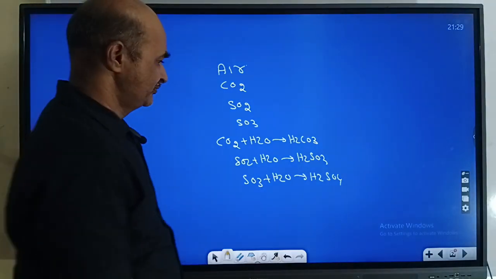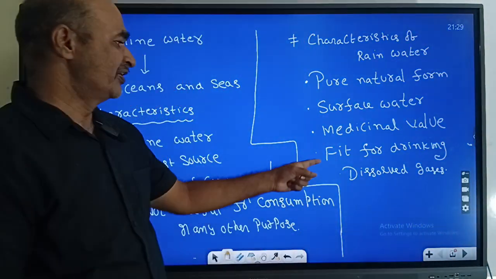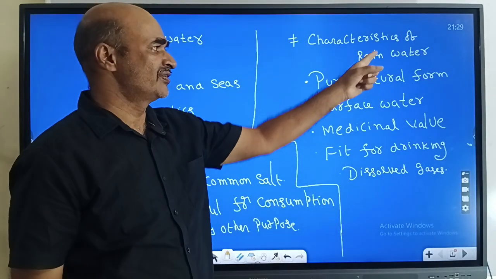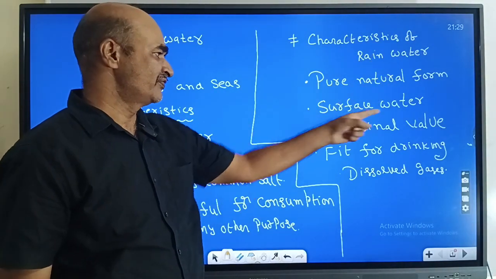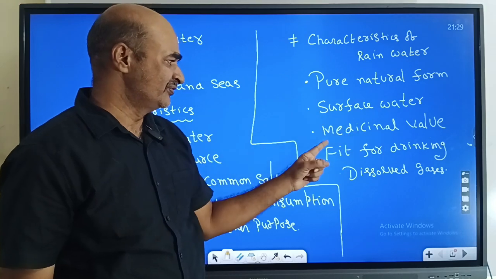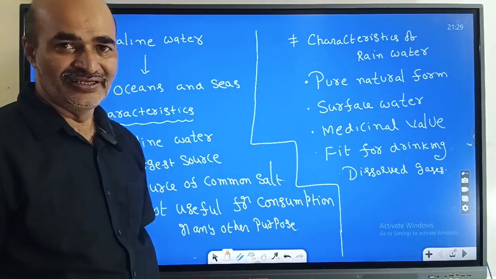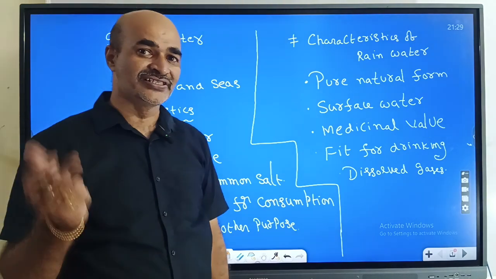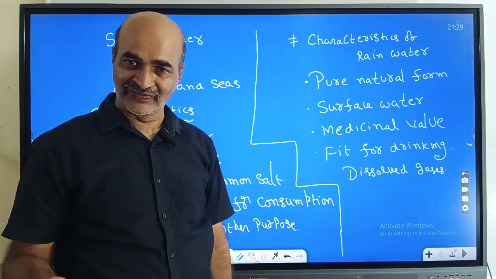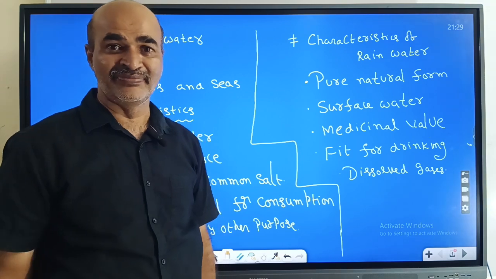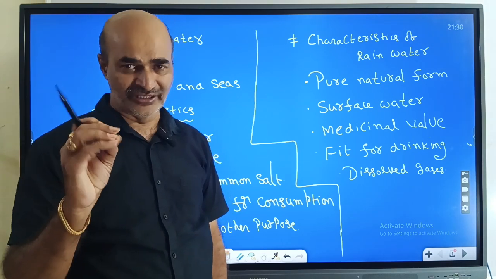So the characteristics of rainwater: pure natural form, surface water, medicinal value, fit for drinking, and dissolved gases. The gases are mainly carbon dioxide, sulfur dioxide and sulfur trioxide, and some amount of nitrogen oxides.